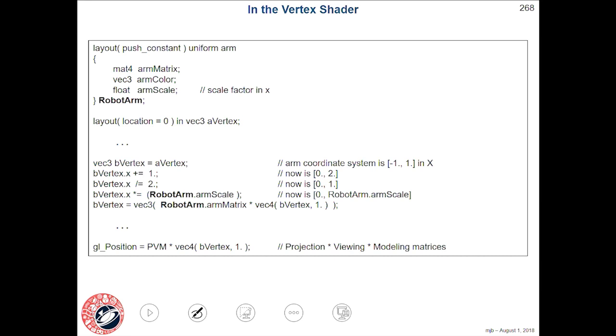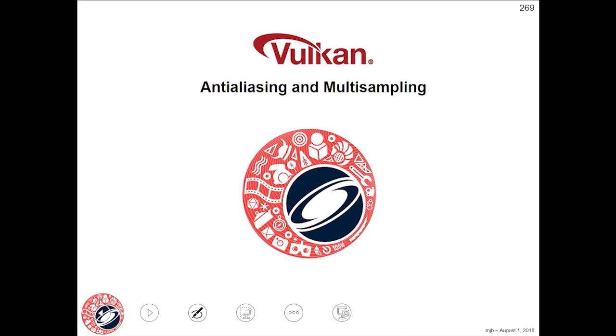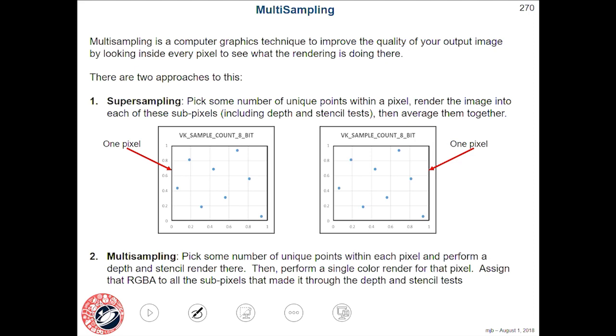All right, there are some more things in the notes, but I imagine you all are pretty sick of Vulkan by now. Let me just show you what's there. Anti-aliasing and multi-sampling. Vulkan has a way of dividing each pixel up into multiple pieces.